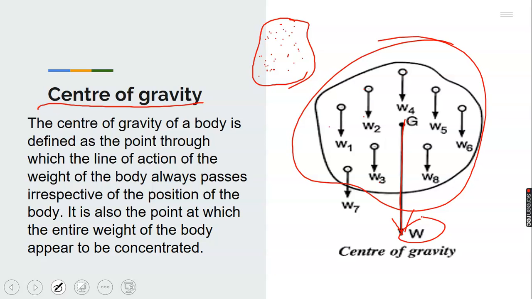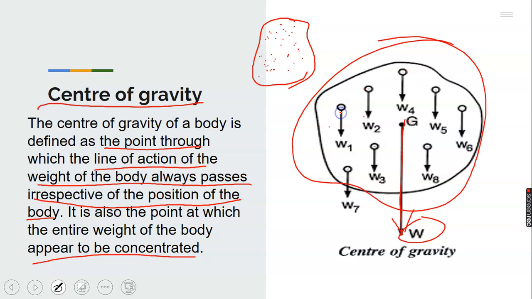Now, the center of gravity of a body is defined as the point through which the line of action of the weight of the body always passes, irrespective of the position of the body. It is also the point at which the entire weight of the body appears to be concentrated.